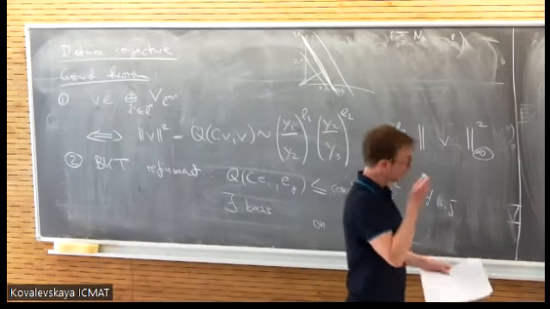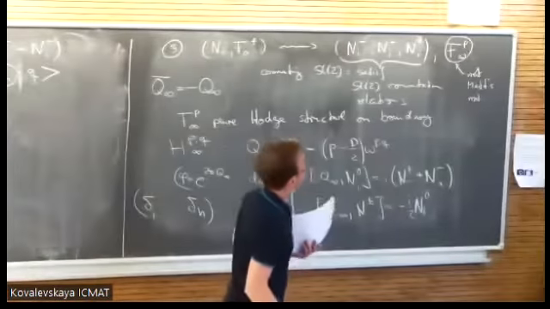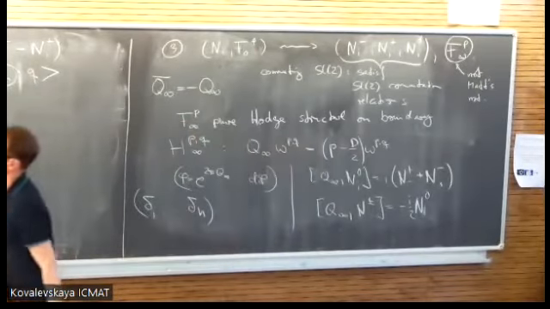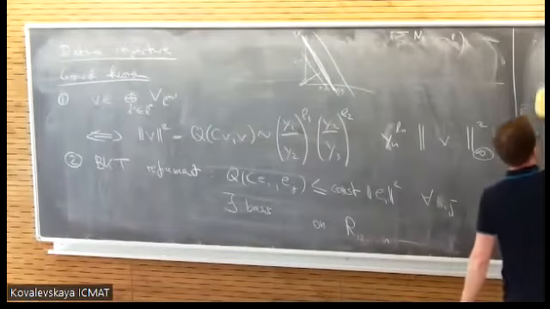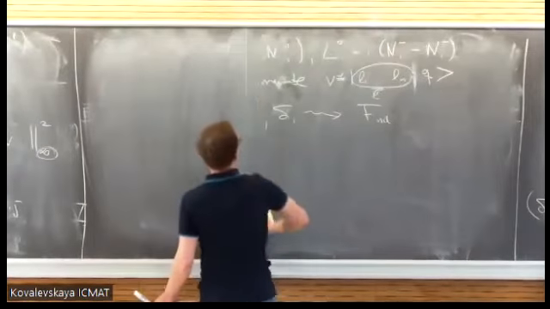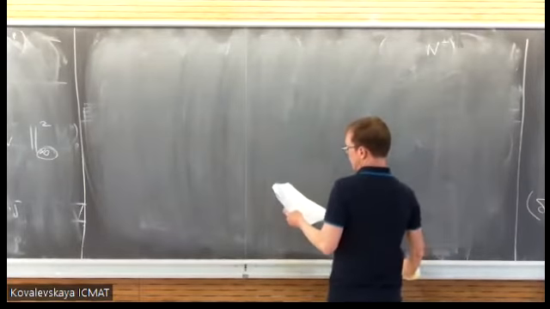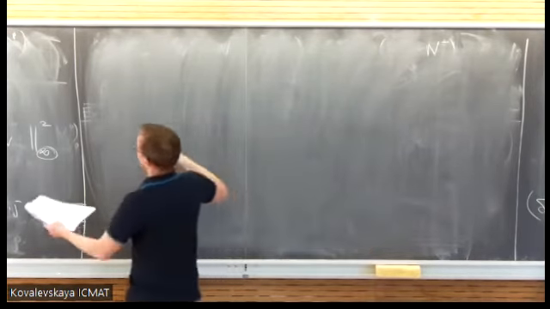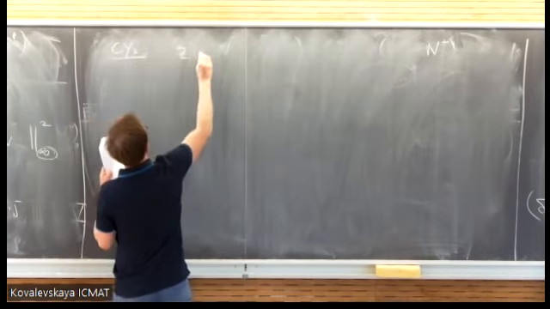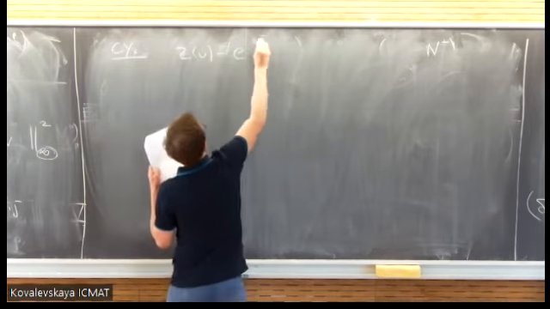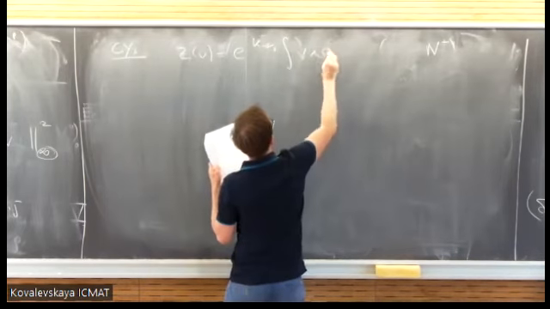Okay, and now let's apply this to the masses of the states. And what do we find? The masses of the states were given by this formula, which I gave at the very beginning, and that's where everything started off. So this is truly general in the Calabi-Yau tree now. I have my Z of V, which was e to the K over 2 times the integral of V wedge omega.